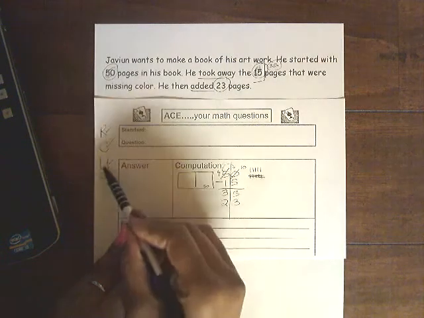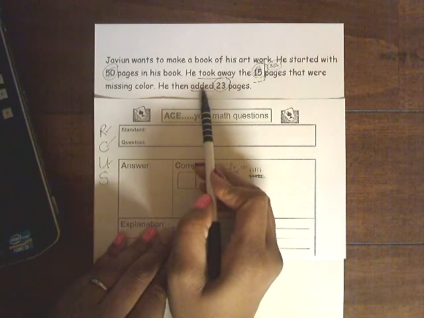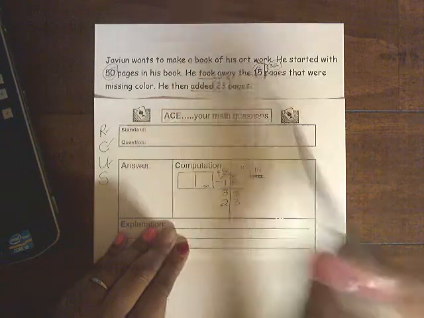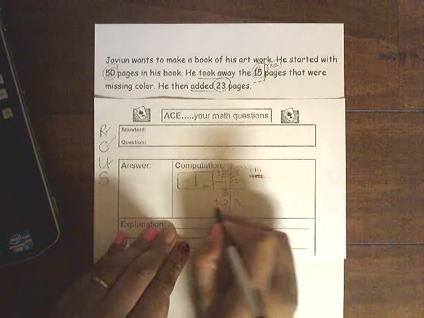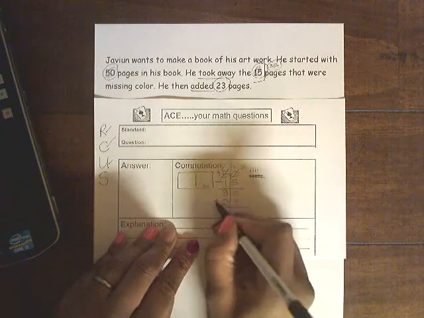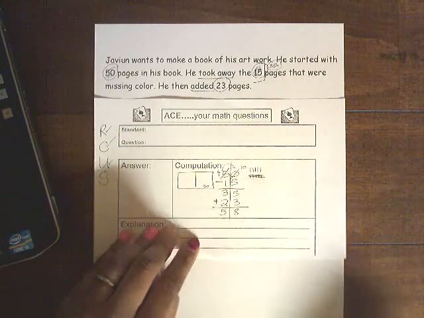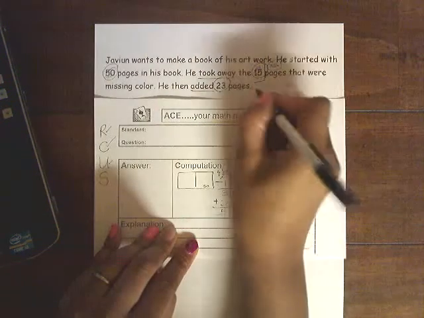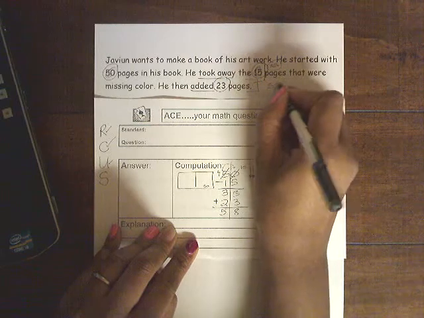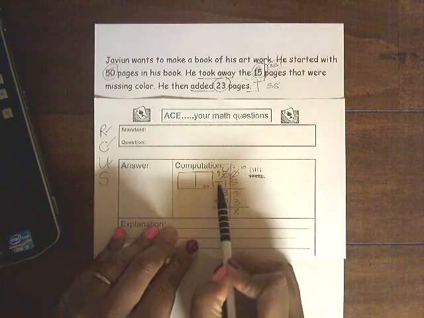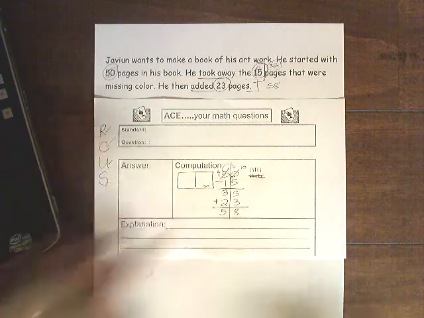And again, I'm going to look at what I've underlined to give me directions on what to do. It tells me to add. So now I'm going to add these two together. 5 plus 3 is 8. 3 plus 2 is 5. So the answer for this entire word problem is 58. I had to do both subtraction and addition to get to that answer.